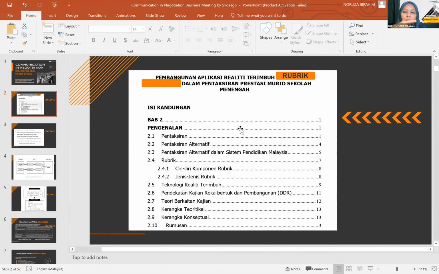So itulah research area you, pentaksiran prestasi. Saya ceritalah sedikit tentang pentaksiran, objective assessment, kemudian skop dari segi pendidikan di Malaysia. Dia banyak sebenarnya pentaksiran alternatif, dan saya come out dengan rubrik. Pada part ni, perlu ke saya mention kenapa saya pilih rubrik?